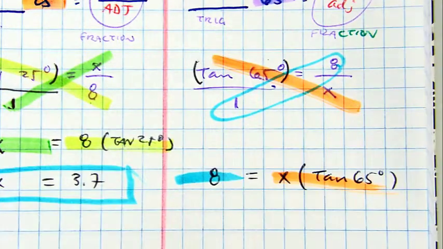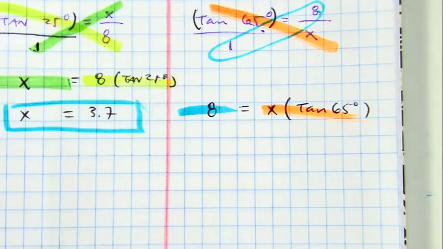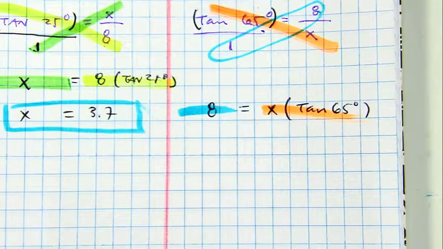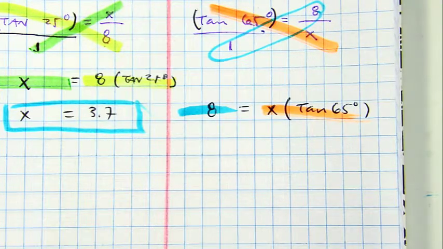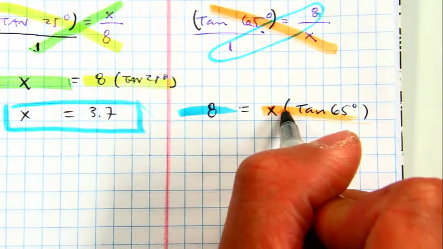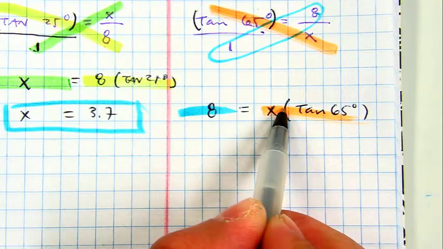Okay, at this point, I've been teaching this a while. I think some students turn tan 65 into a decimal. I'm not going to ask you to raise your hands, but that's not a calculator-ready equation yet, is it? Class, what math operation is here? It's multiplication because there's no addition or subtraction. So it's just multiplying.